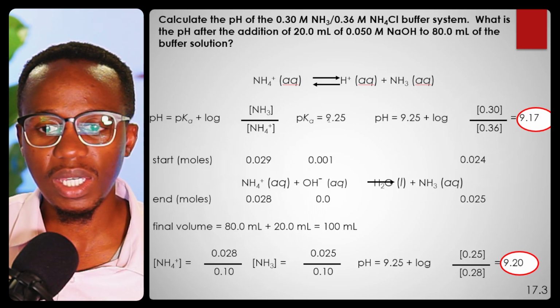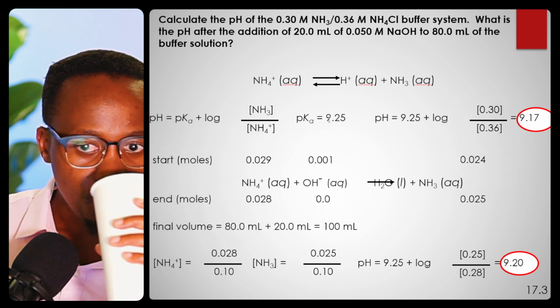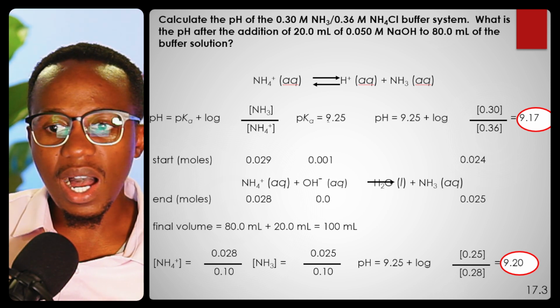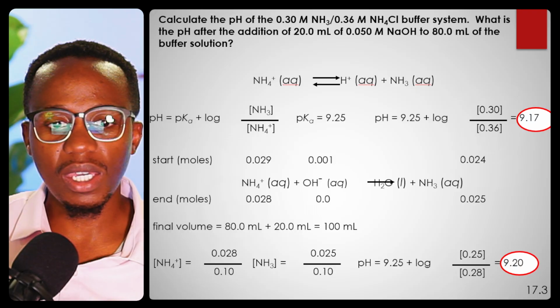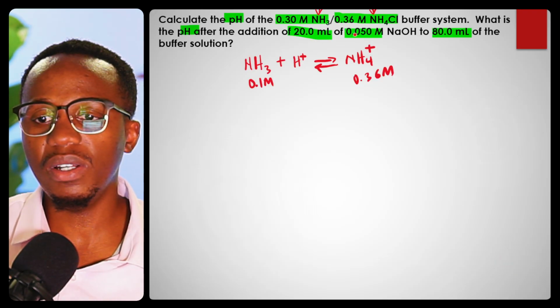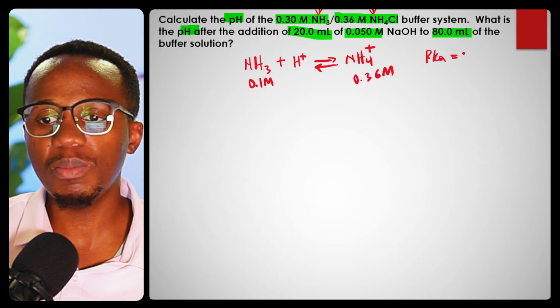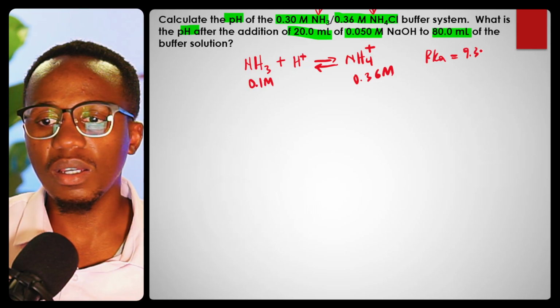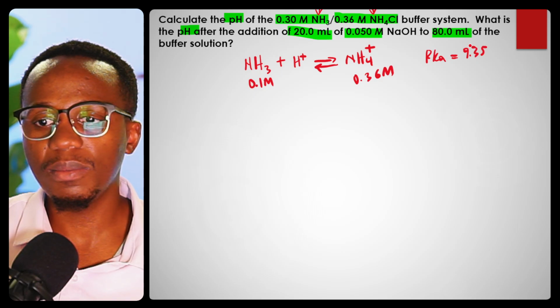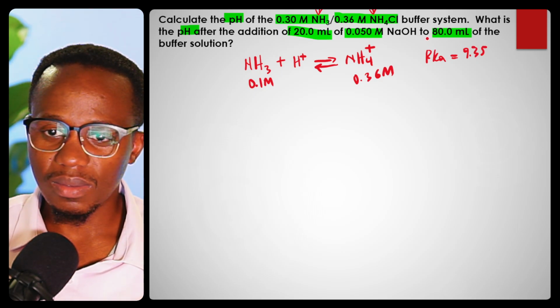Yeah, okay, I have the pKa. So the pKa is 9.25. pKa is going to be given, right? pKa is going to be 9.35, right? So there are a few ways to do this.